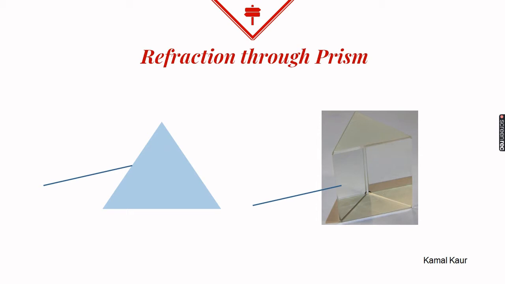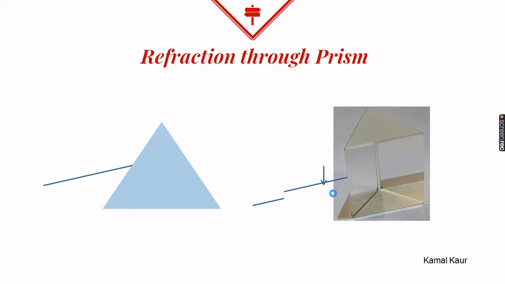We will first perform an experiment to understand refraction through a prism in the science laboratory. For that we will take a glass prism, place it on its triangular base and outline its boundary. Then we will draw an incident ray which will fall on this prism.